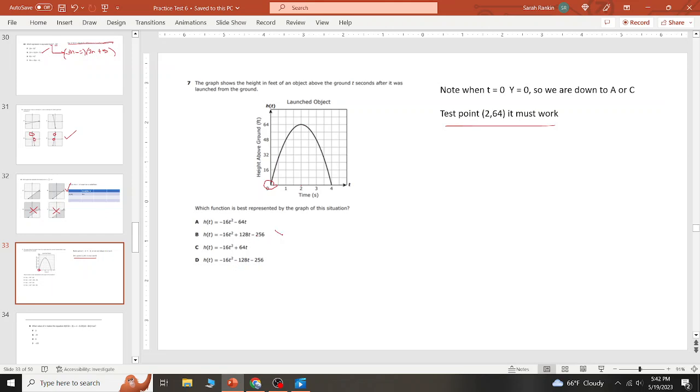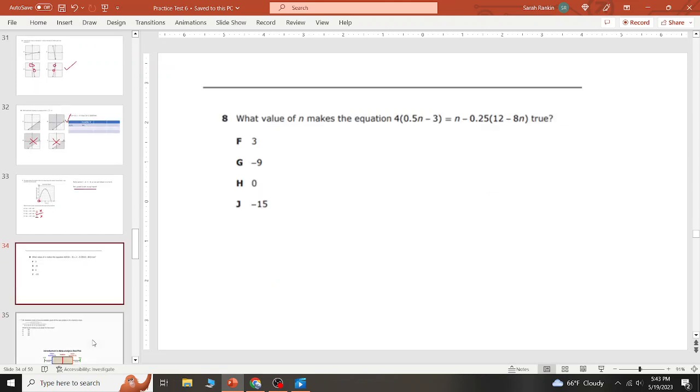We know this one's out, because when t is 0, our height is 0. And for these two, when t is 0, the height is -256. All right, so if you plug the point (2, 64) in, you'll find that there's your answer.